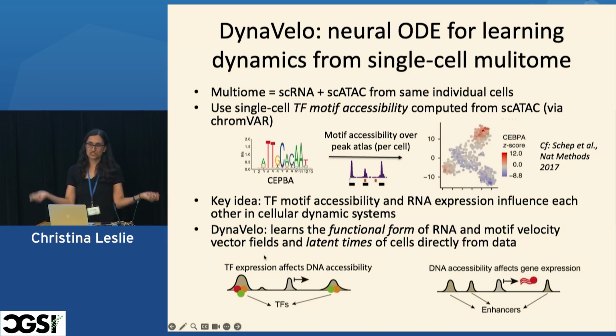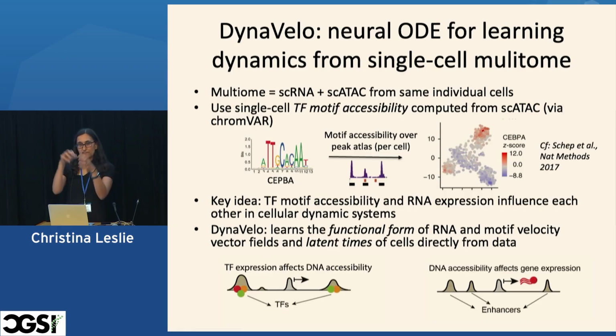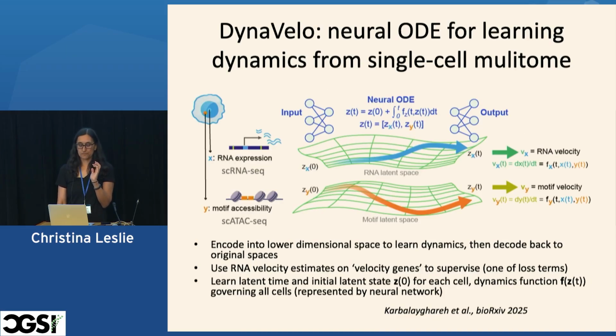And then we have gene expression, and we think that these two things, motif accessibility and gene expression, affect each other in a dynamic process that we're going to learn directly from the data, okay? So we are going to use neural ODEs, and in the 1 minute I have left, I'll show you this picture.